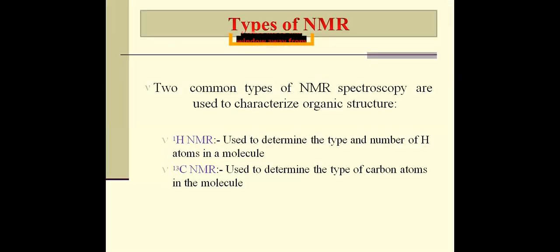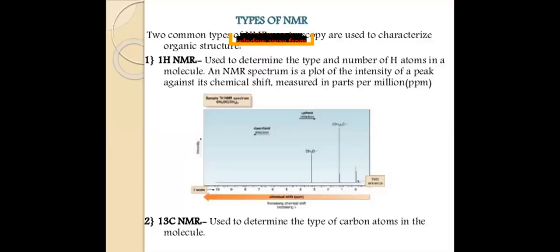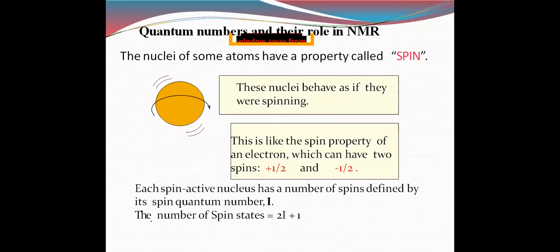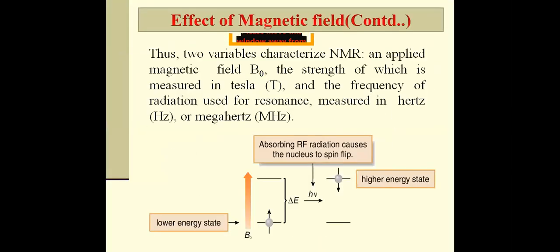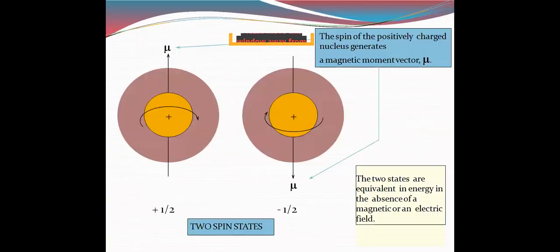We had also discussed that NMR is of two types, proton NMR, that is HNMR, and carbon 13 NMR. And the spinning part we had discussed. So this part we had discussed in the last class.